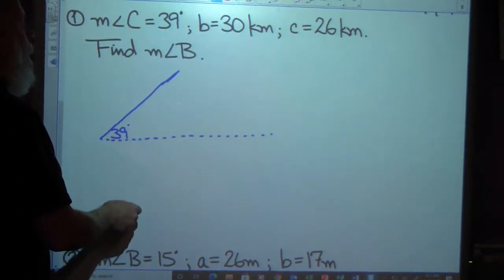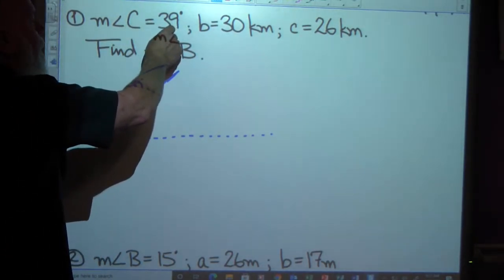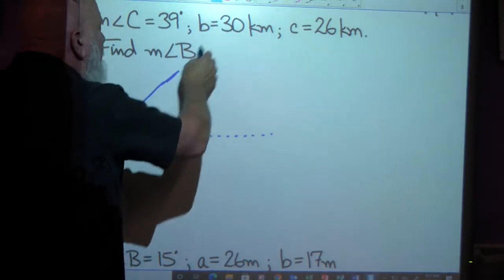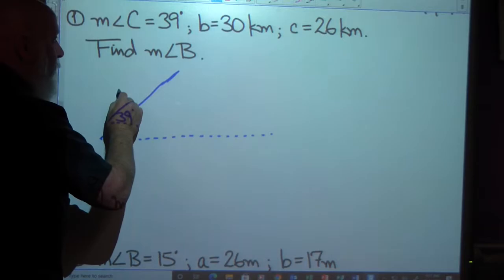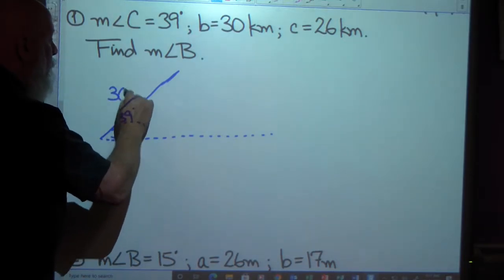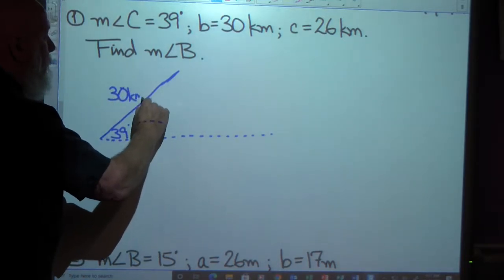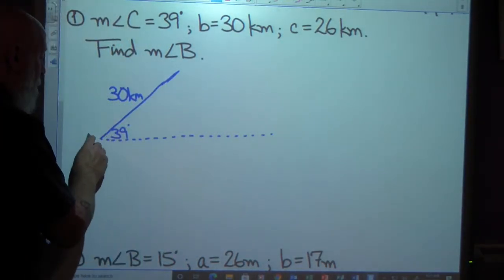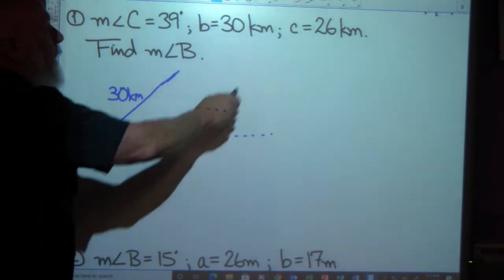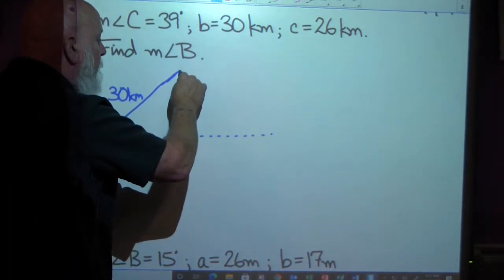I'm given the side adjacent to it, so I'm going to call this B, side B is 30 kilometers. And I'm given side C, the opposite of this angle, this is angle C, that's what they told us, is 26.